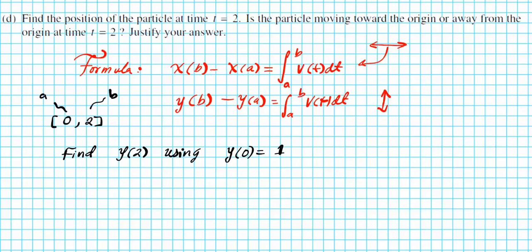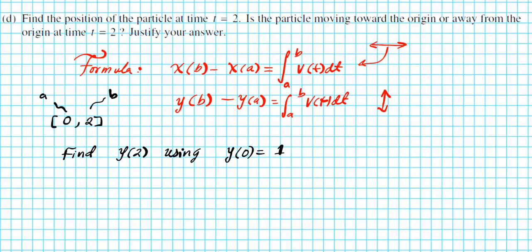Okay? Now, some might wonder, why aren't we using absolute value here? Absolute value applies to total distance covered. Okay? Now, that's totally different. When you have total distance covered, that's when you take the absolute value of the integral of the velocity. But when you're looking for position, this is a formula that you use.